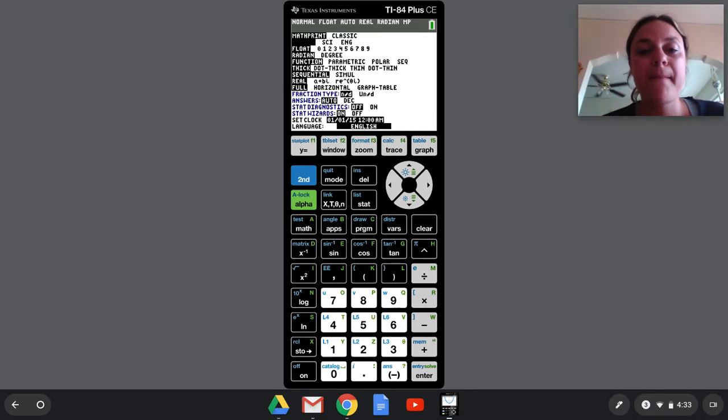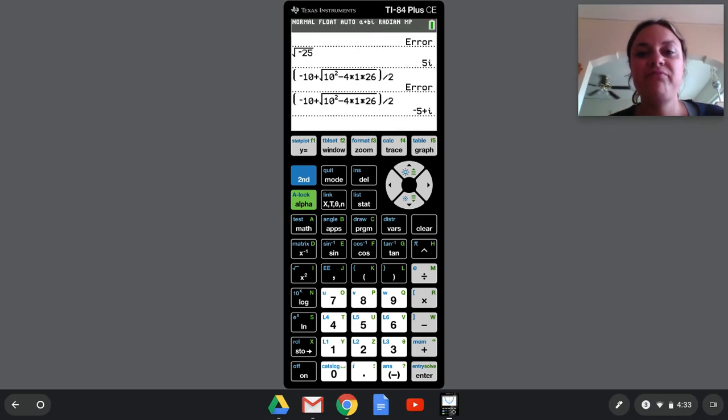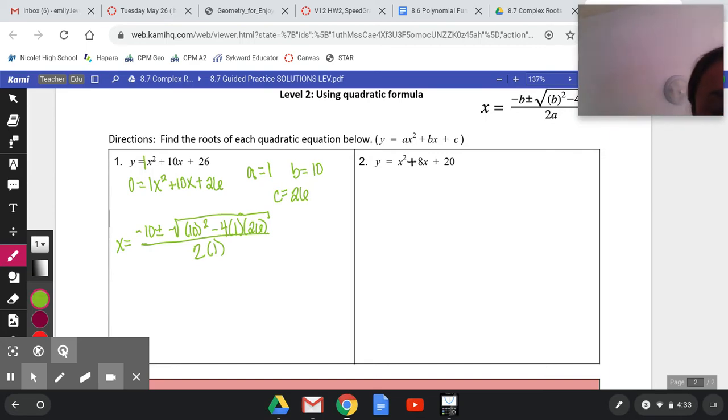So I need to make sure that my mode is in a plus bi mode. That will give me complex answers. So now when I go back and try again, I get negative 5 plus i. So x is equal to negative 5 plus i.